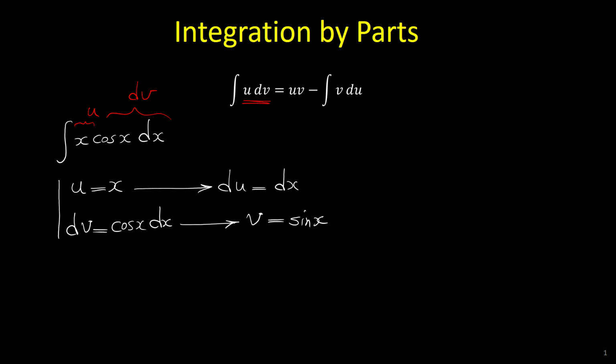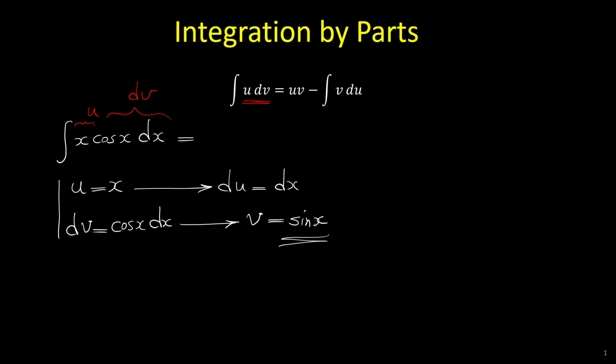Now everything is ready to use this formula to find our integral. Based on the formula, the integral of u dv, the given question, is equal to uv, which means multiply u by v. U is x and v is sine of x.